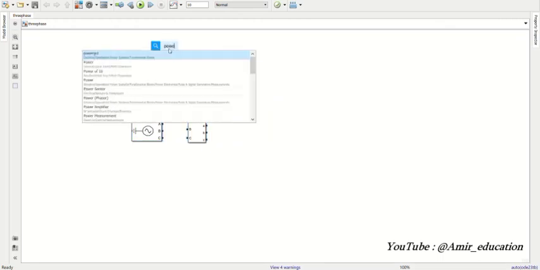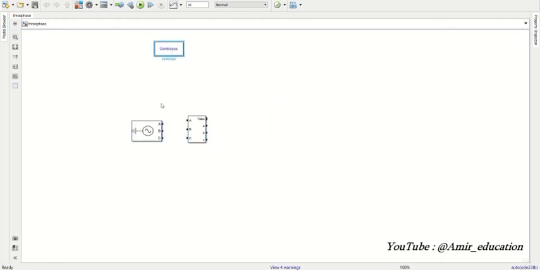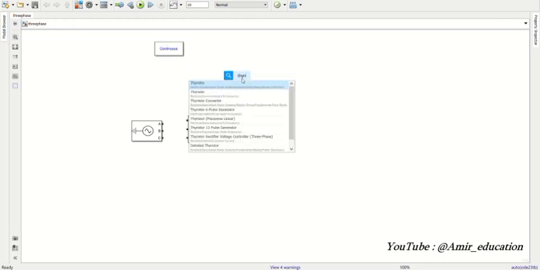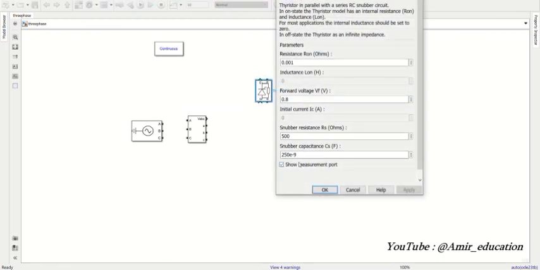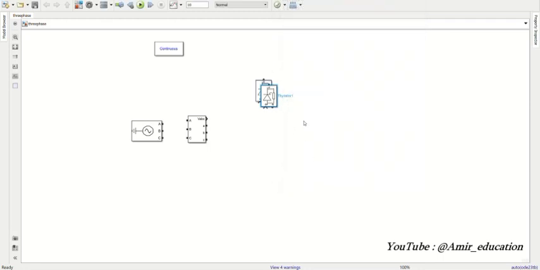First of all, we need the powergui. After that, I'll add three thyristors. Let's delete the measurement port. It seems to be enough.